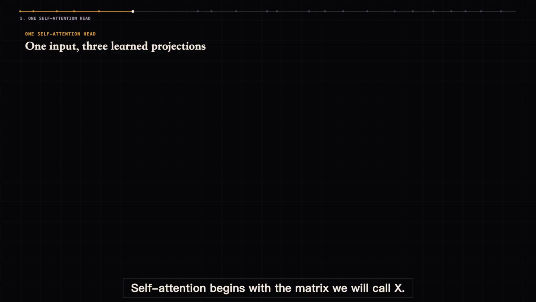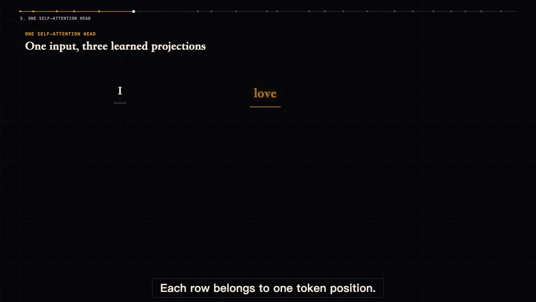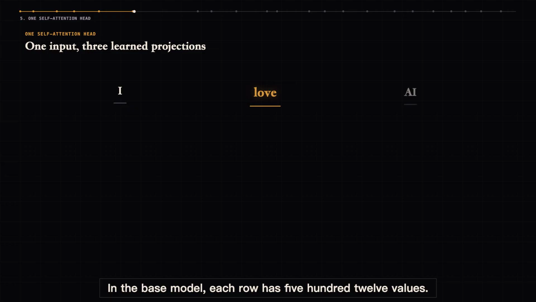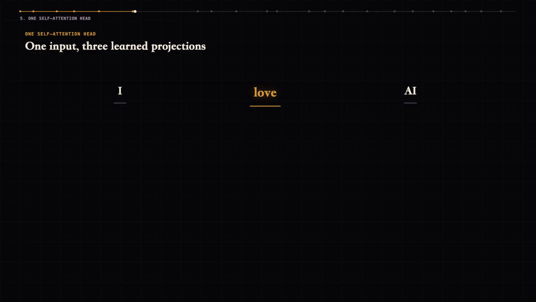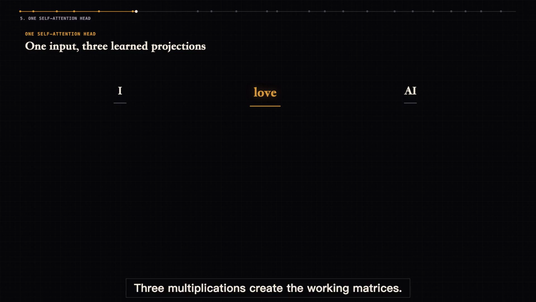Self-attention begins with the matrix we will call X. Each row belongs to one token position. In the base model, each row has 512 values. The model does not compare those 512 value rows directly. For each attention head, it learns 3 projection matrices. 3 multiplications create the working matrices.